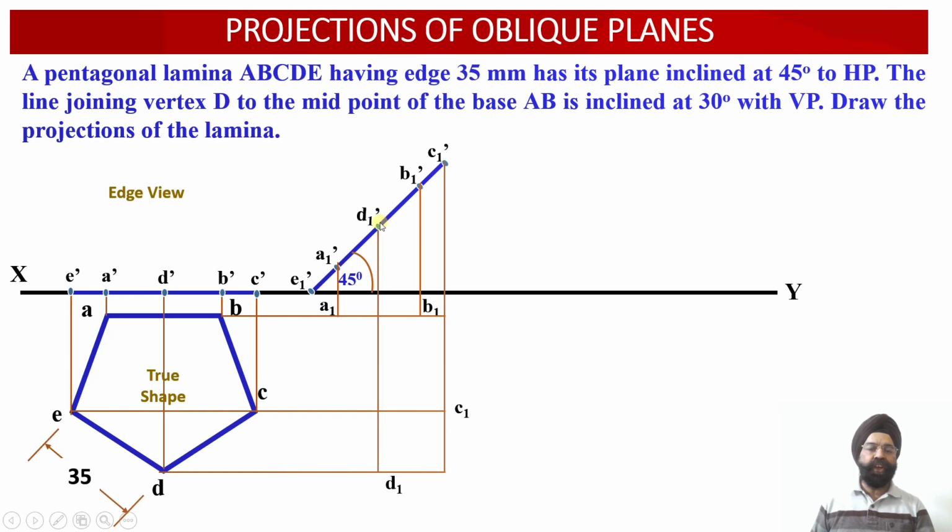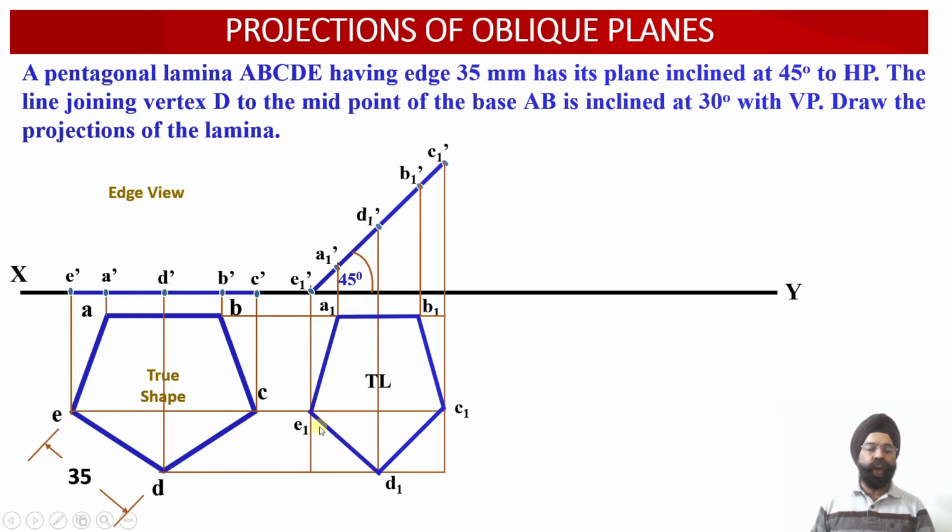Similarly, the intersection of the vertical projector from the point D1 dash and the horizontal projector drawn through the point D provides us with the point D1 in the top view projections. And finally, the intersection of the vertical projector through point E1 dash and the horizontal projector drawn through the point E provides us with the location of the point E1 in the top view. So this way, the top view projections A1, B1, C1, D1 and E1 have been obtained.